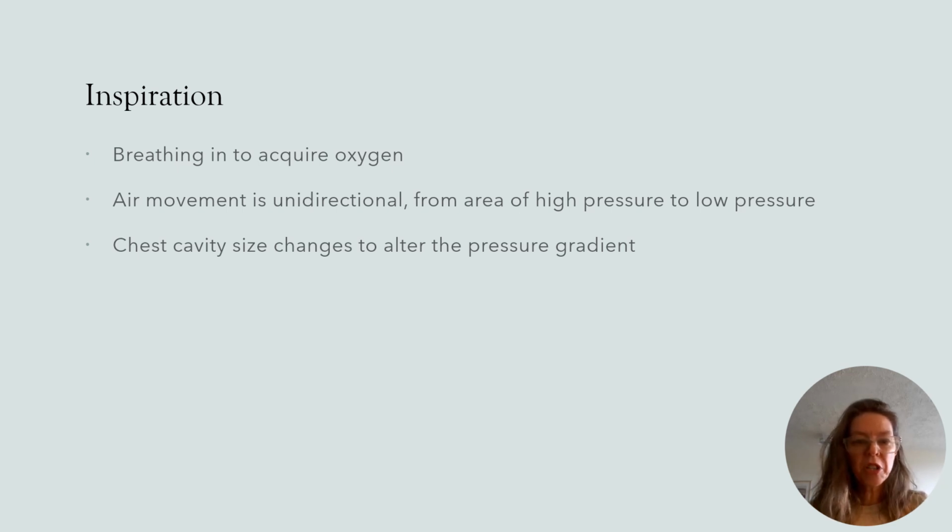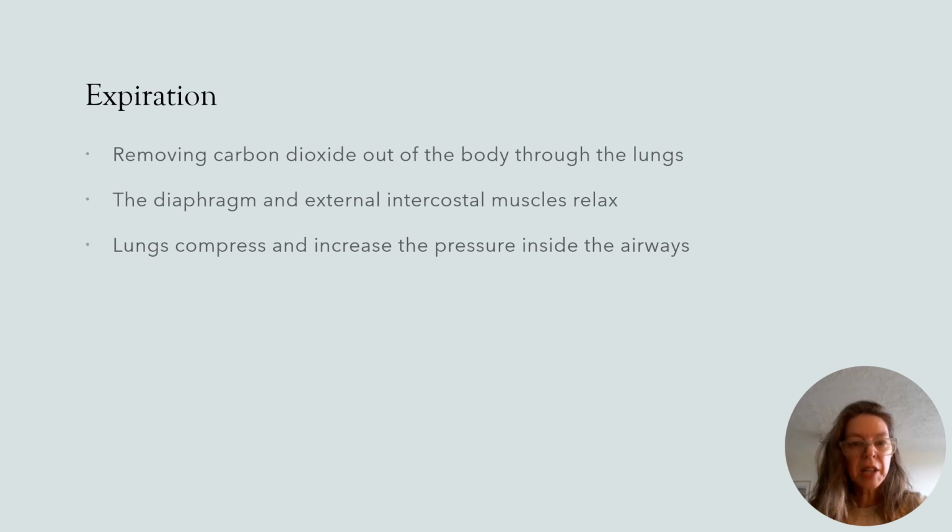So inspiration, that's the process of breathing in to acquire oxygen. Most notably, air movement is unidirectional, so coming in, going from an area of high pressure to an area of low pressure. Exhalation or expiration, that's where you're removing carbon dioxide out of the body via the lungs.